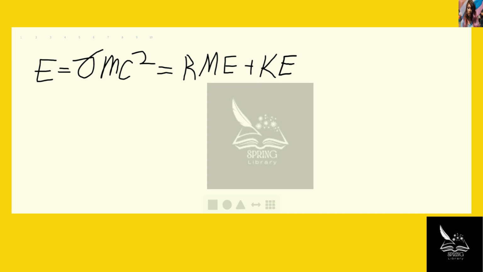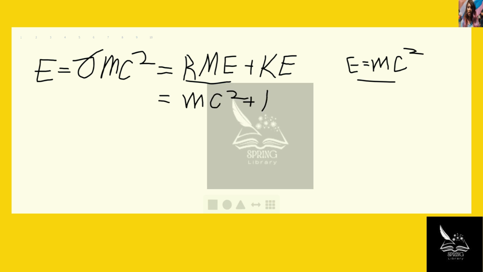The rest mass energy is Einstein's famous equation, E equals mc squared. Note that we have a gamma here because it's moving. This applies if it's at rest. So we have rest mass energy mc squared plus our given kinetic energy.